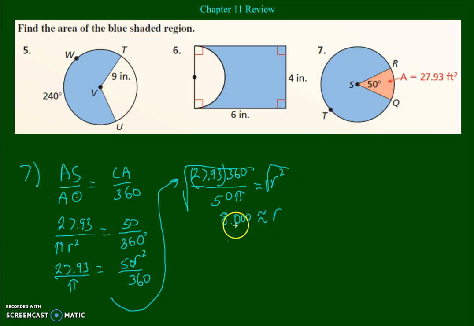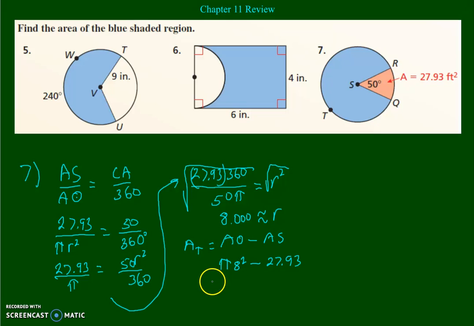Our target area, so we'll call it area target, is the area of the circle minus the area of the sector. Well, the area of the circle is pi r squared, and r is 8, so 8 squared, minus the area of the sector, which is 27.93.